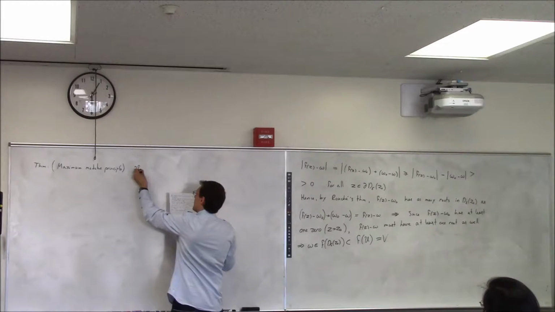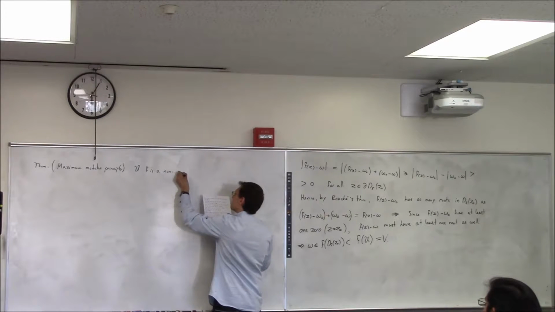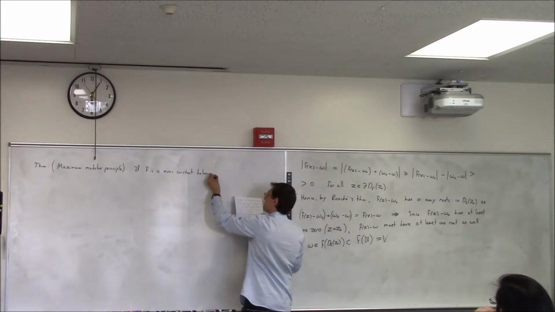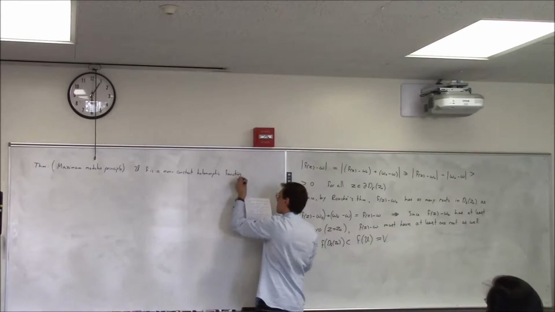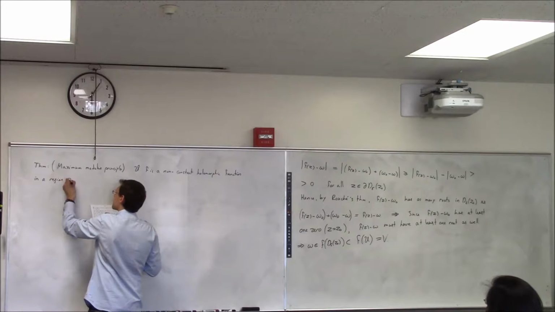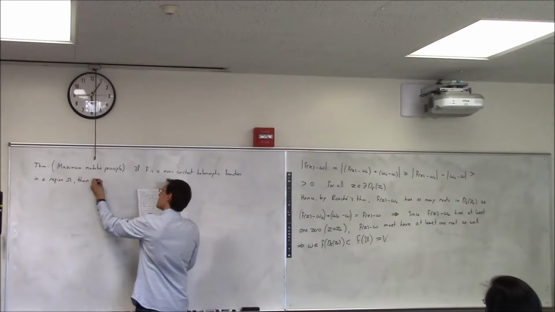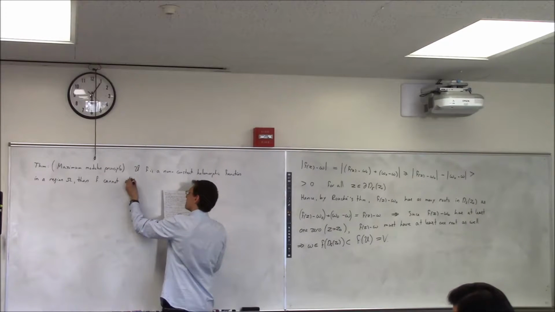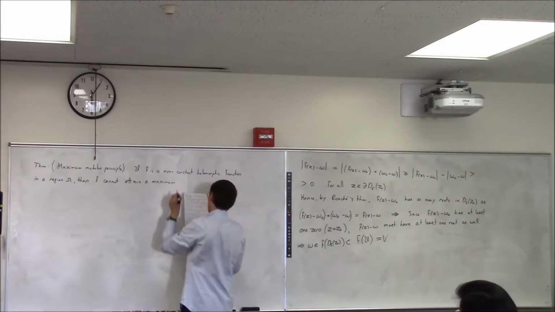And what it's saying is, if f is a non-constant holomorphic function in a region omega, then |f| cannot attain a maximum in omega.